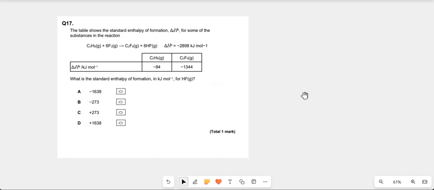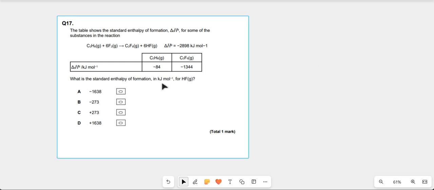Question 17. Again, I need to do some Hess cycle situation here, yeah? So let's do that Hess cycle.